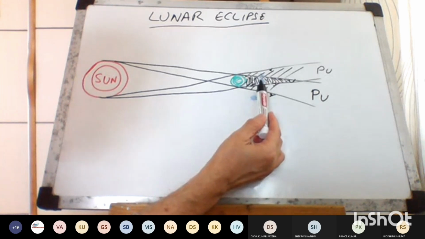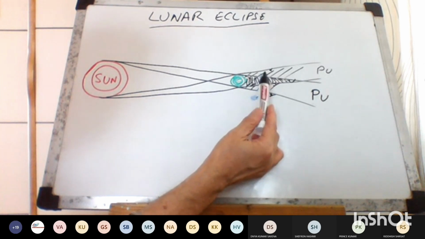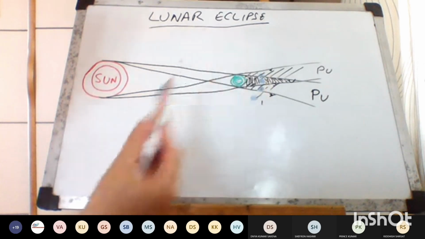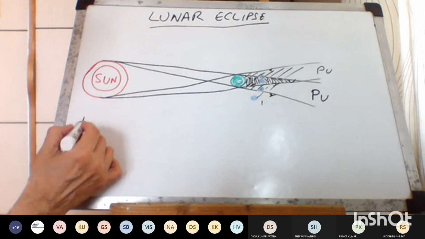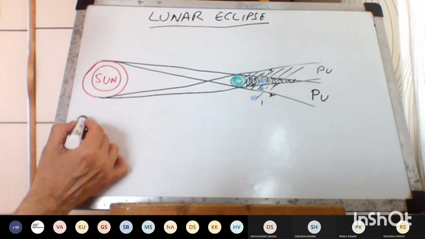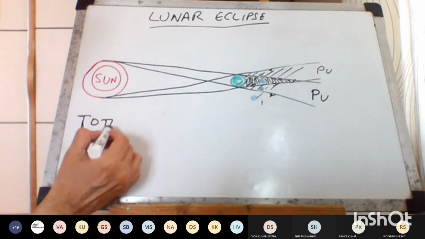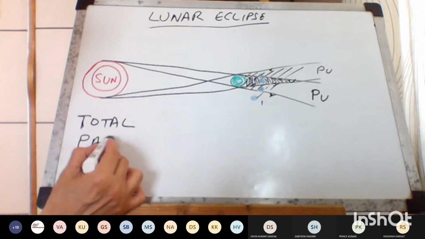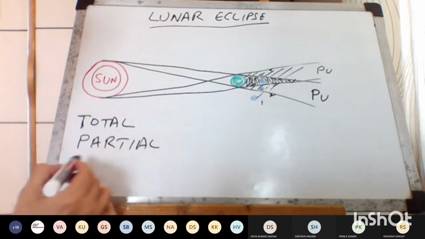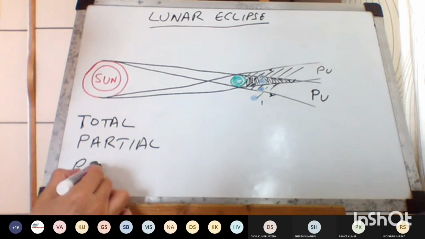Here the moon is in the umbra area, and again half in the umbra and half in the penumbra. So the types of eclipses are total, partial and penumbral.